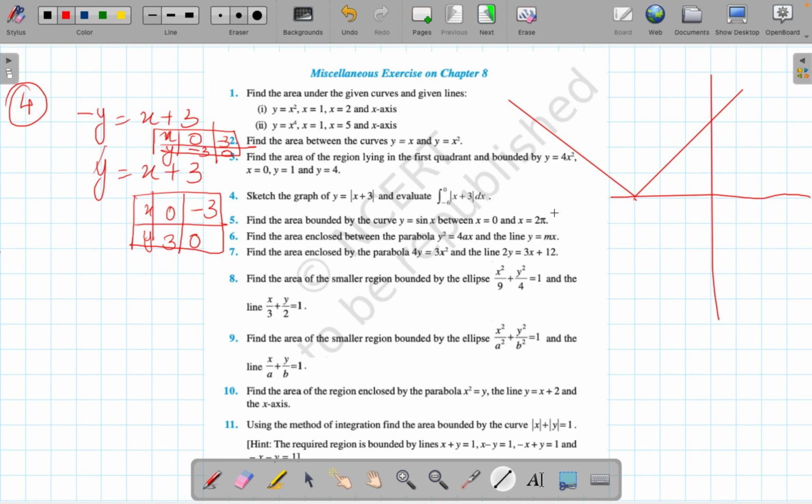This you have learned in class 11th functions, right? And the area which we have to find out, children, is from minus 6. So evaluation is from minus 6 to minus 3. There is a separate line since this point is minus 3, and from minus 3 to what is the next limit, you can see here, 0.